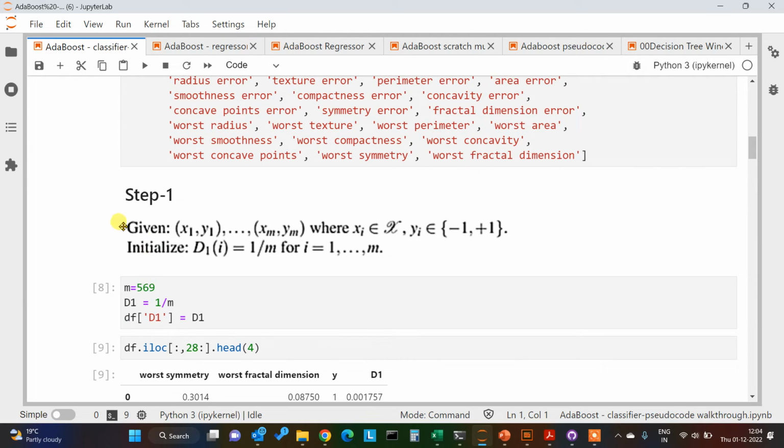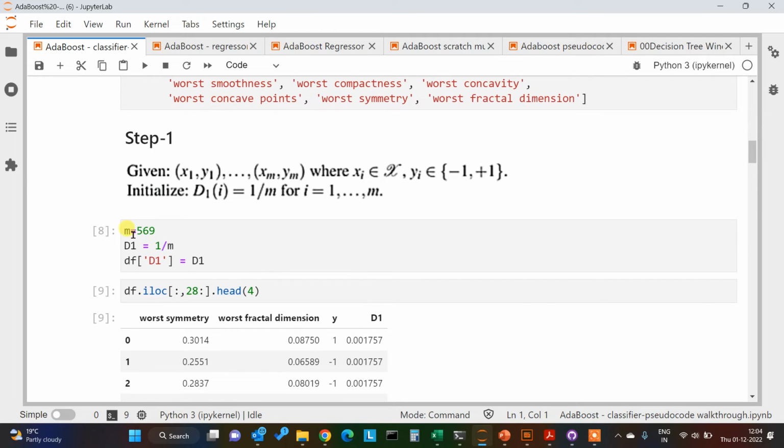In step 1, like we have just discussed, we are essentially reading the data and initializing D1, our initial weight, which is nothing but 1 by m. In our case, m is 569, so we have 569 observations, and D1 we initialize as 1 by m.